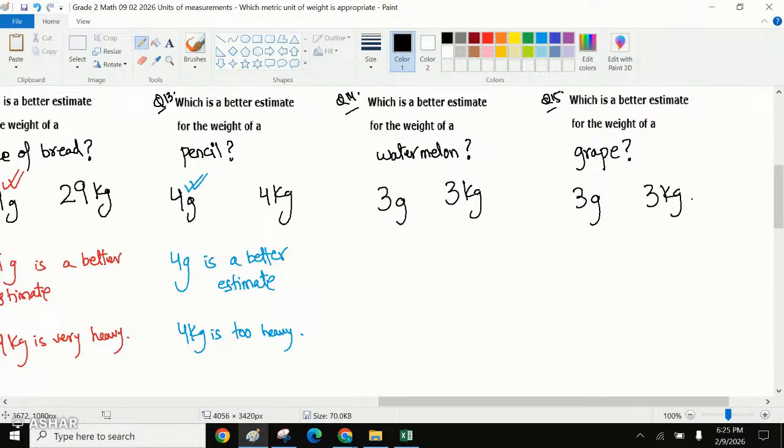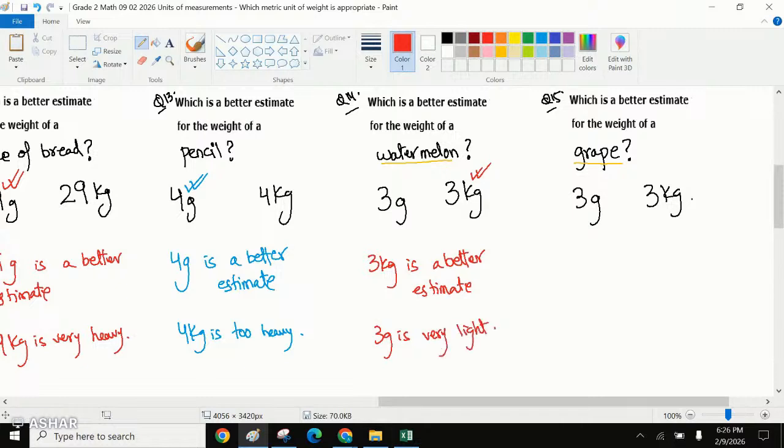So when we are comparing these, both of them are fruits, right? But the weights of the fruits are very different, because a watermelon can be 3 kilograms, is a better estimate for a watermelon because 3 gram is very light.